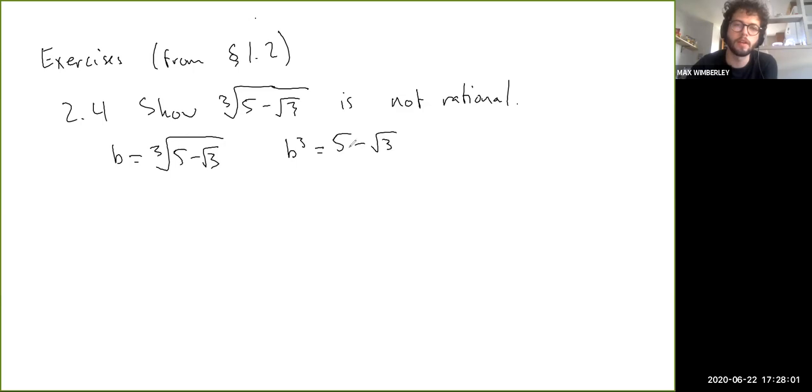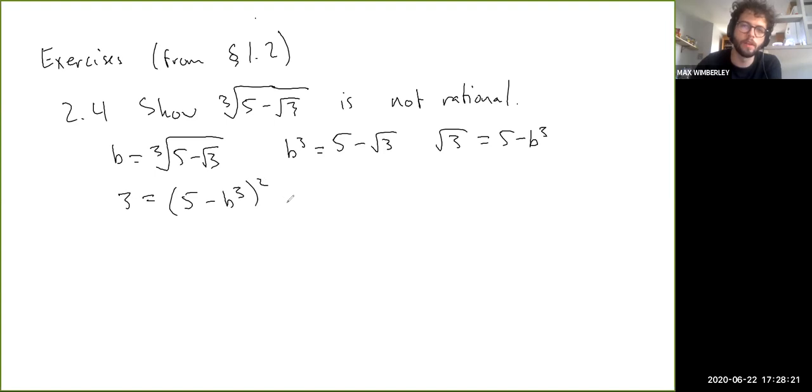And then if you flip things around, you'll get the square root of 3 is 5 minus b cubed. And then if you square both sides, you'll get 3 is (5 minus b cubed) squared.